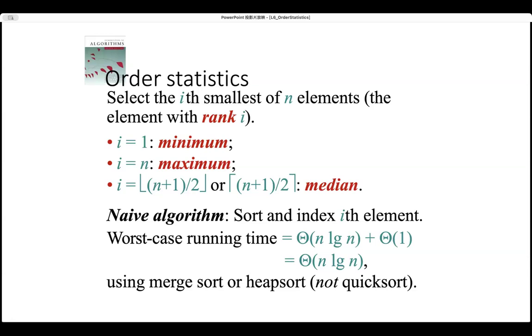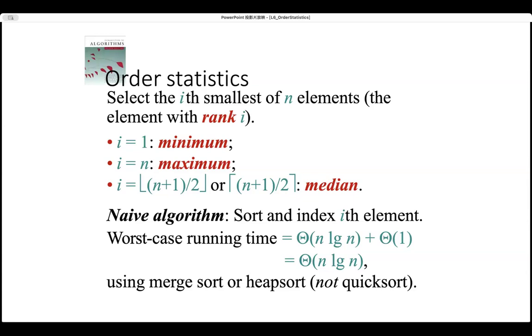Because you just scan through all those numbers and keep track of, for example, if you are looking for the minimum number, the smallest number you have seen so far. And at the end of the scanning, you have the result. Is that right?